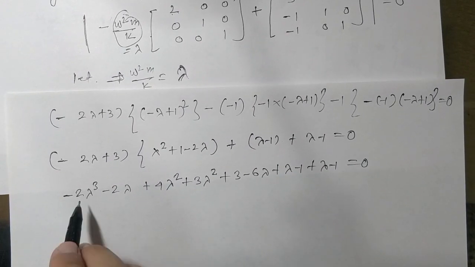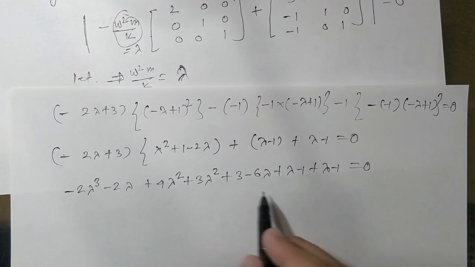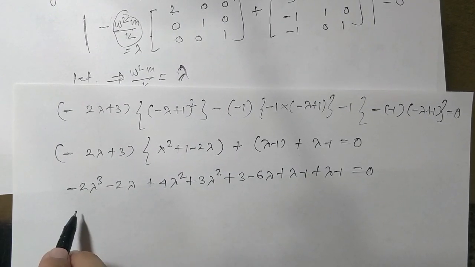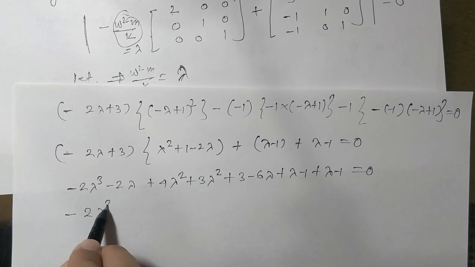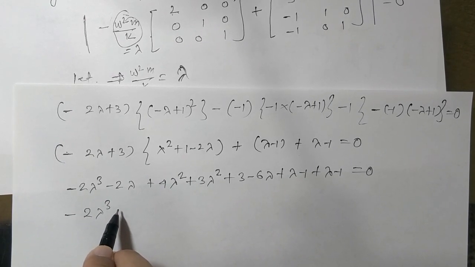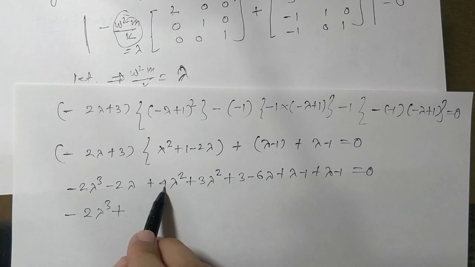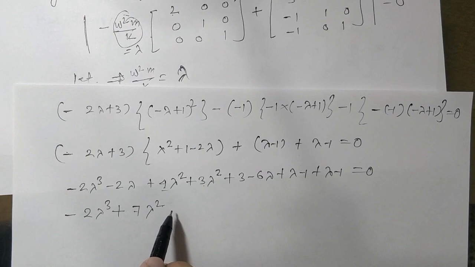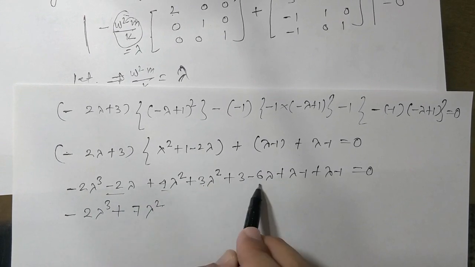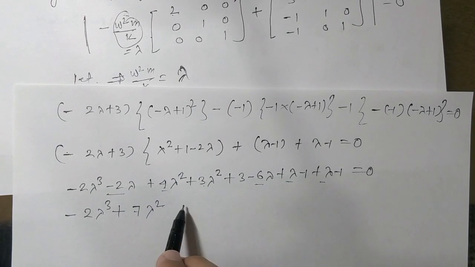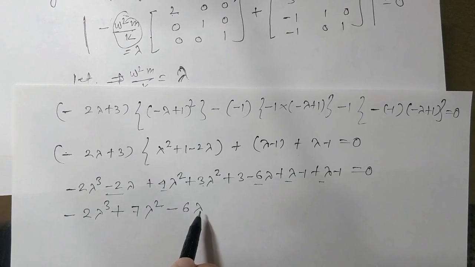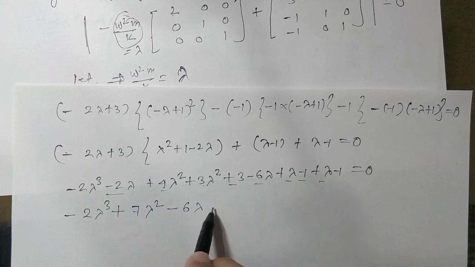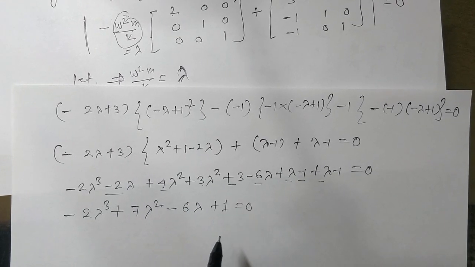Again, if we take the terms common and add, we'll get minus 2 lambda cube plus 4 and 3, 7 lambda square, and if we add these up, we'll get minus 6 lambda, and if we add this and this, we'll get plus 1 is equal to 0.